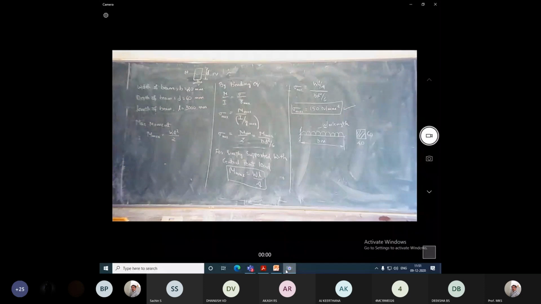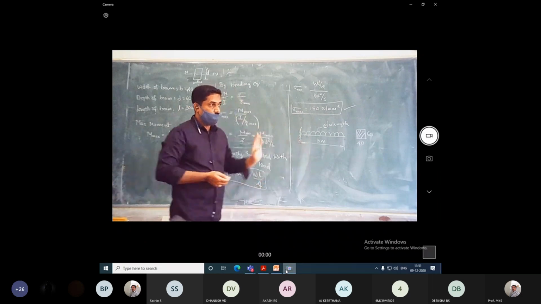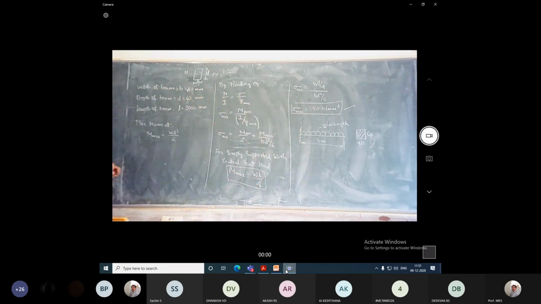W into 3000 square by 2. These equations you need to remember. So this is the maximum moment for a cantilever beam with uniformly distributed load.